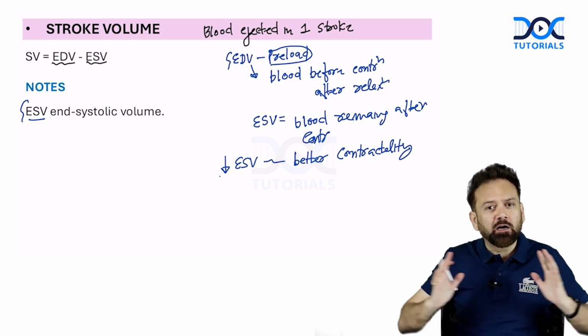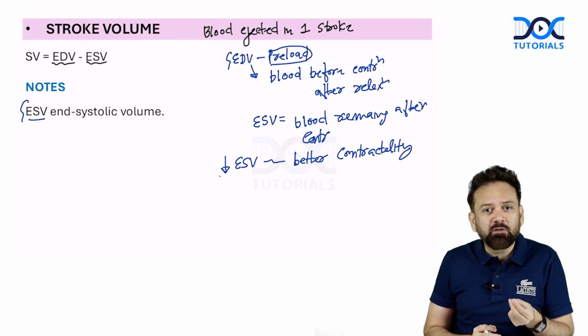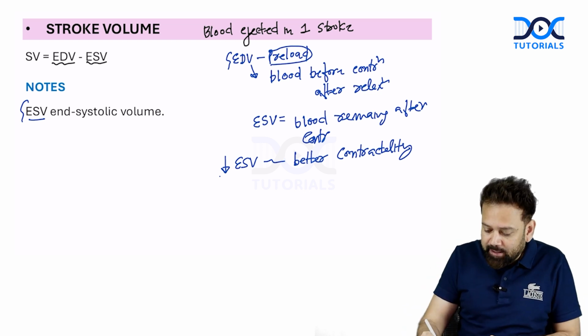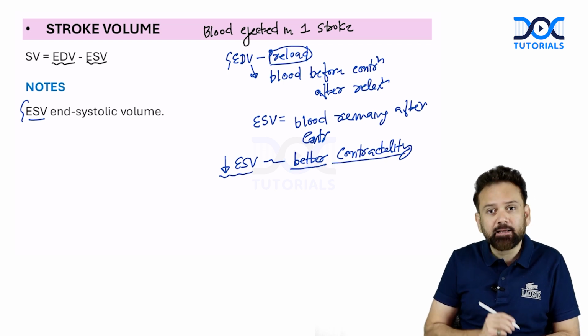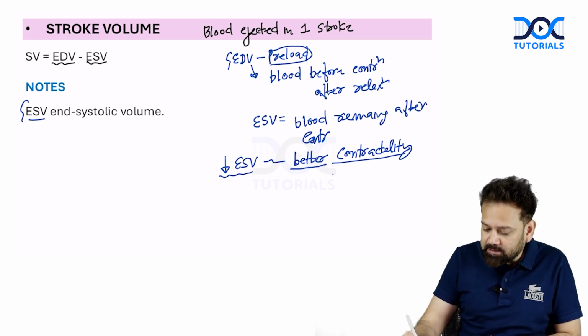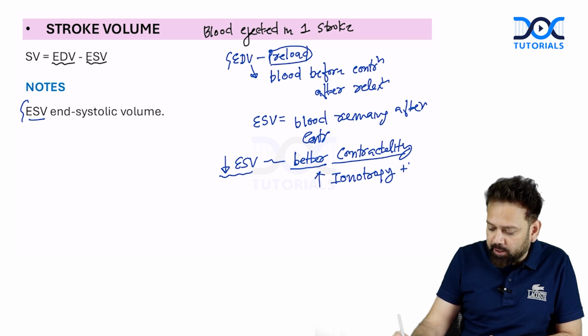If full contraction, 100%, no blood will be left. If 80%, only 20% will be left. So like that, lesser is the end systolic volume, better is the contractility, or you can say better is the inotropic action. It is called inotropy, increased inotropy or positive inotropy.